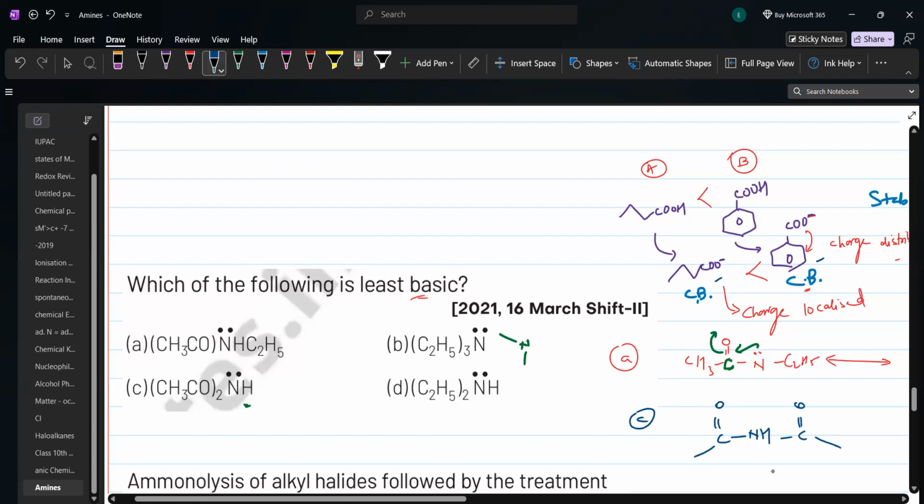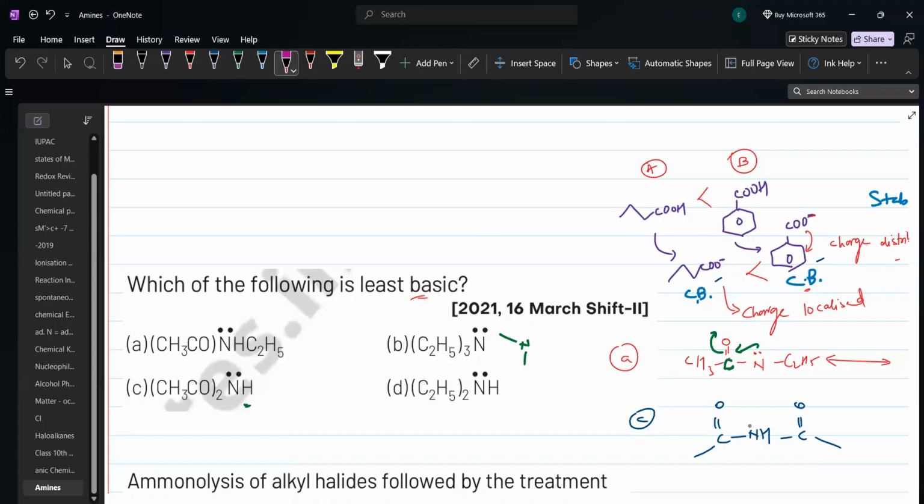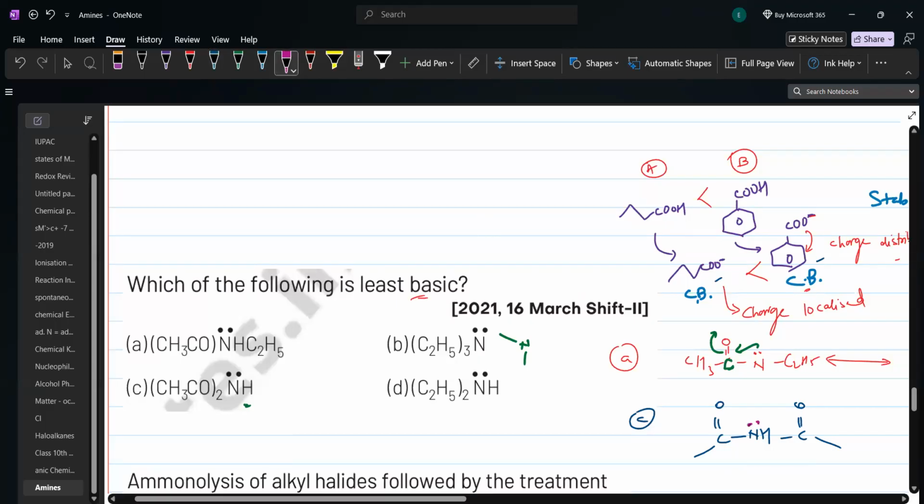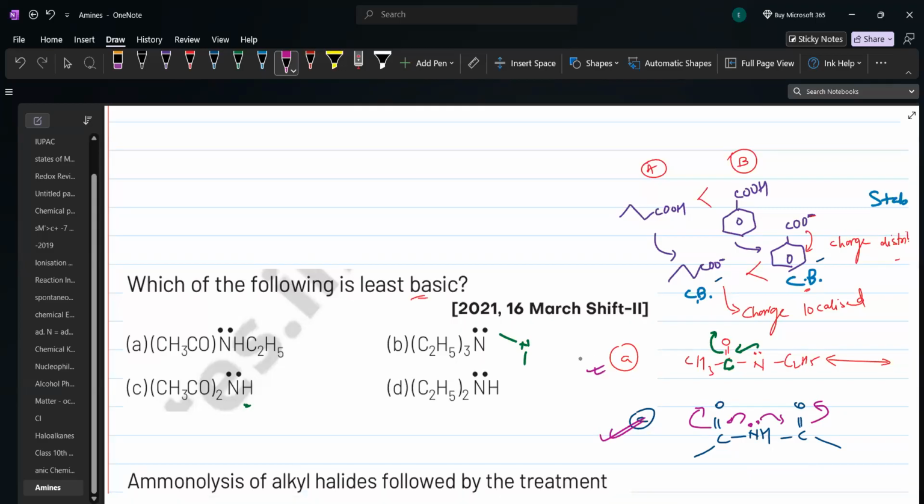Can you see this structure? Can you see this lone pair is being delocalized this way also, on both sides? So this one is more delocalized than A. Yes or no? Yes, sir.